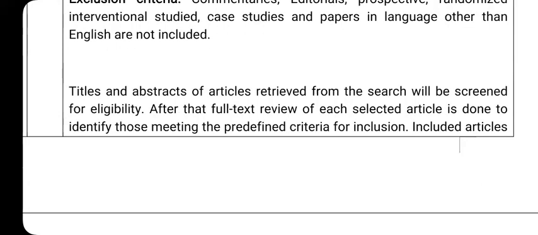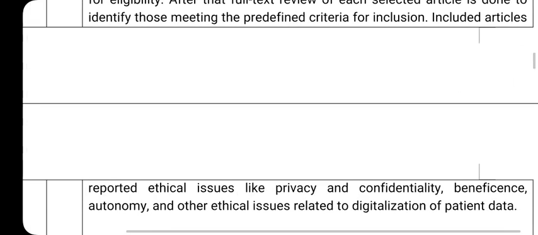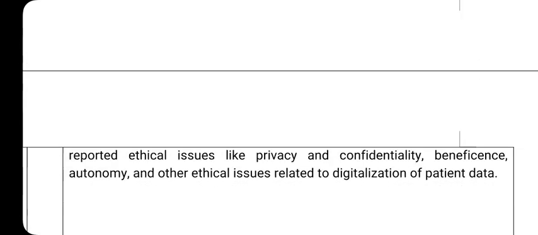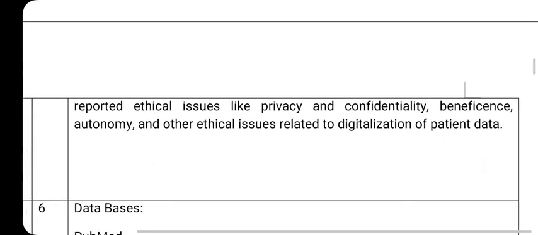And after that, full text review of each selected article is done to identify those meeting the predefined criteria of inclusion. And the included articles will be reporting the ethical issues like privacy, confidentiality, beneficence, autonomy, and other ethical issues related to digitalization of healthcare workers.